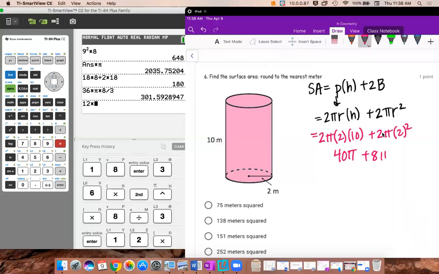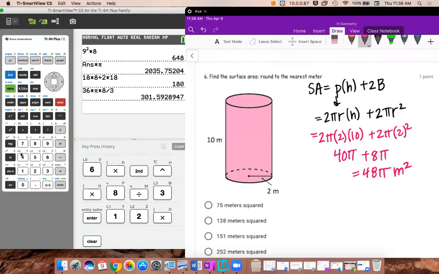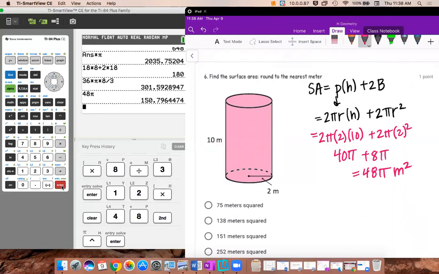So this becomes 48 pi meters squared, because we're working on surface area. And then it looks like we wanted to round again, so we plug that in. This decimal is higher than 5, so this rounds up, 151 meters squared. And that's your total surface area for your cylinder.